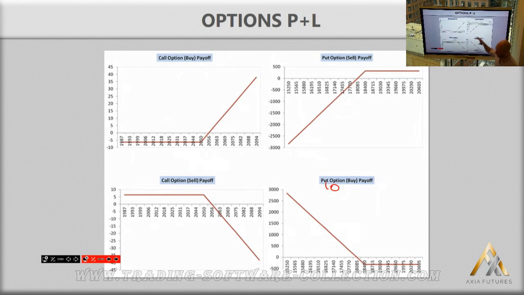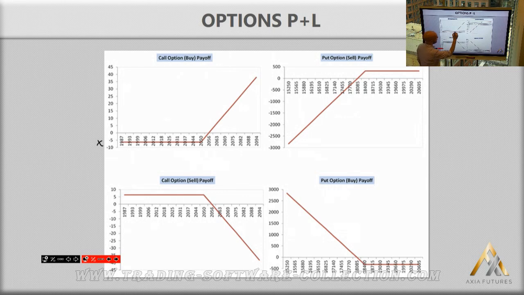In terms of option P&L, again, this is unlikely to really be a major thing that you need to be looking into. But call option, basically this is assuming that you're buying the option on the left here. So call option, you buy it and immediately you're -6.